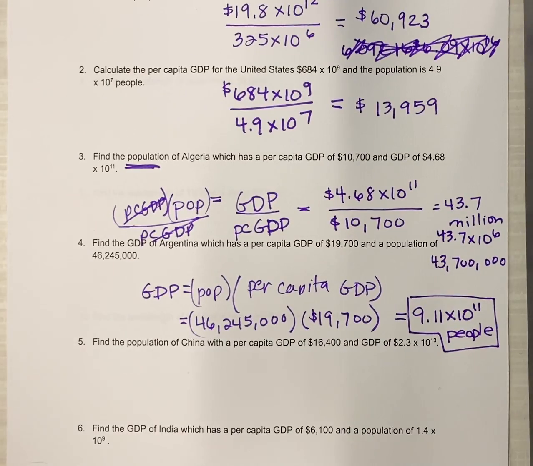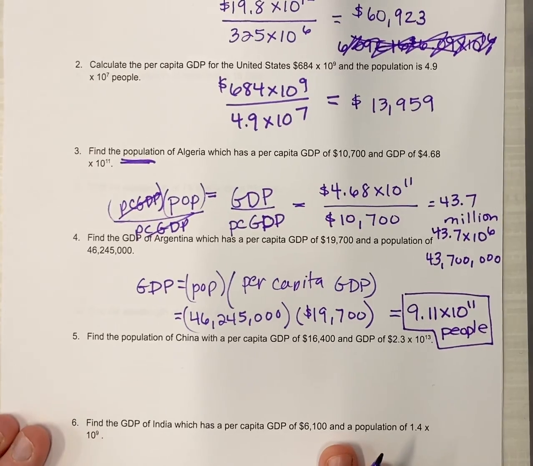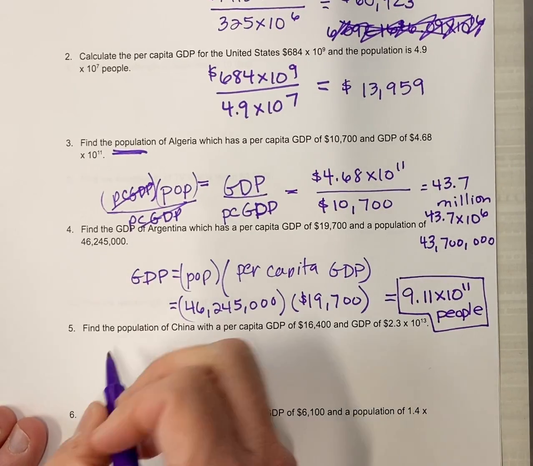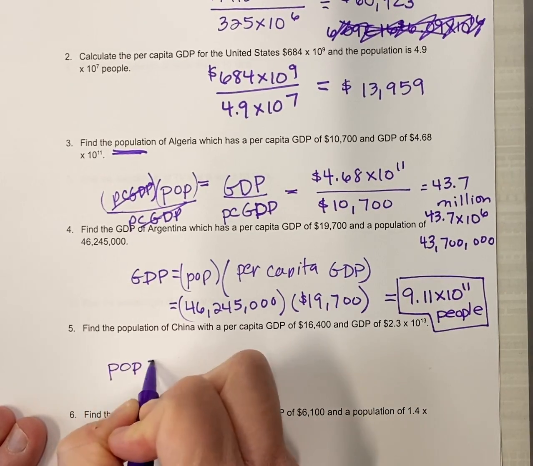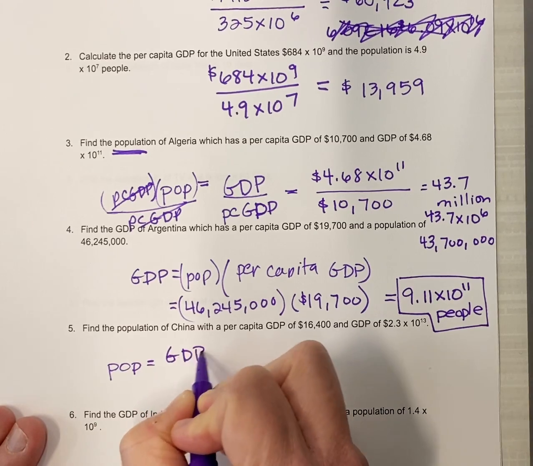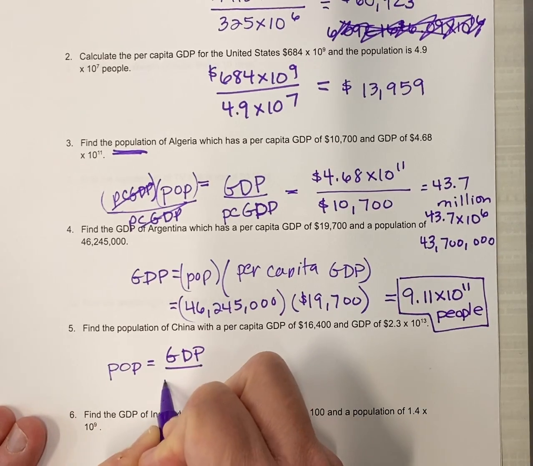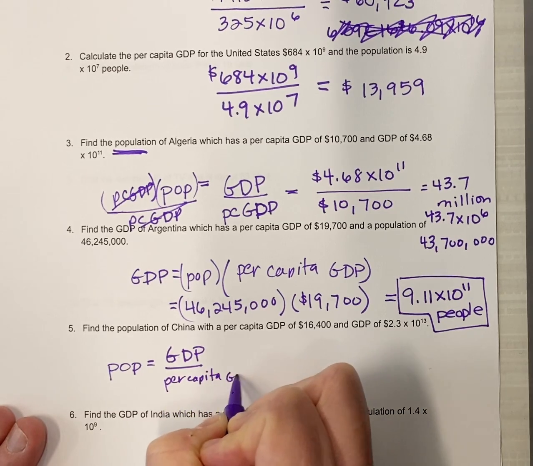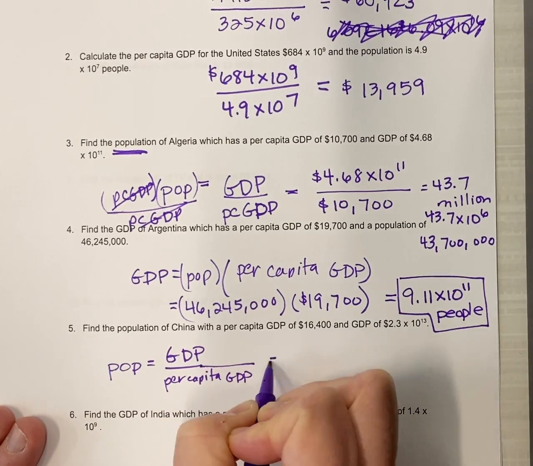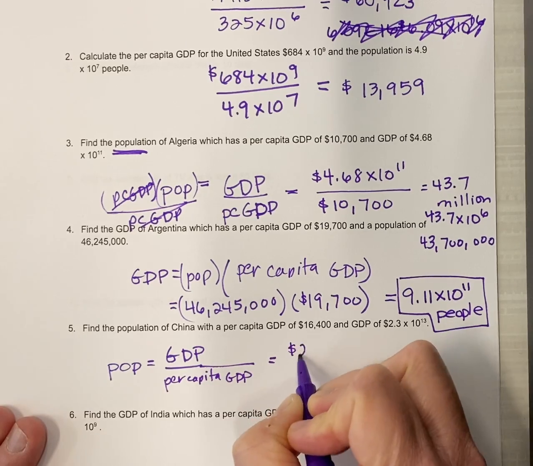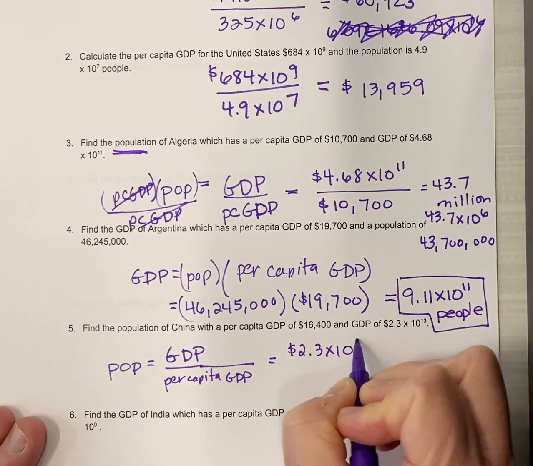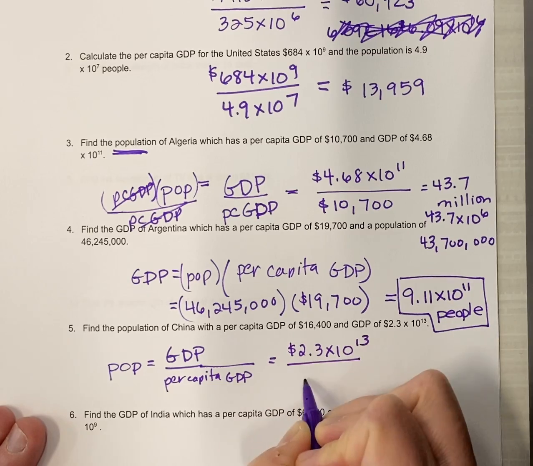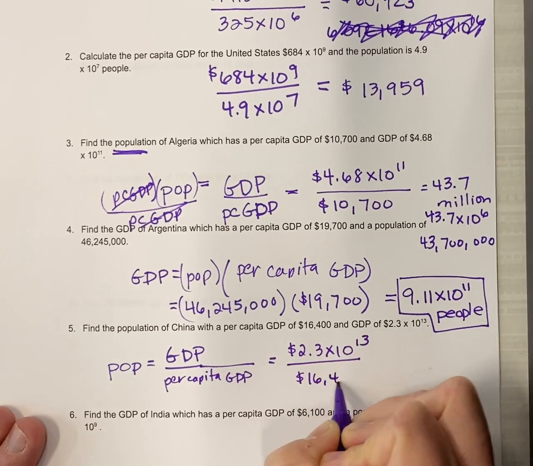All right. 2 more. So it says here, find the population. So to find the population, you can rearrange your equation, or again, I have from above, population is GDP over the per capita GDP. GDP is 2.3 times 10 to the 13th over 16,400.